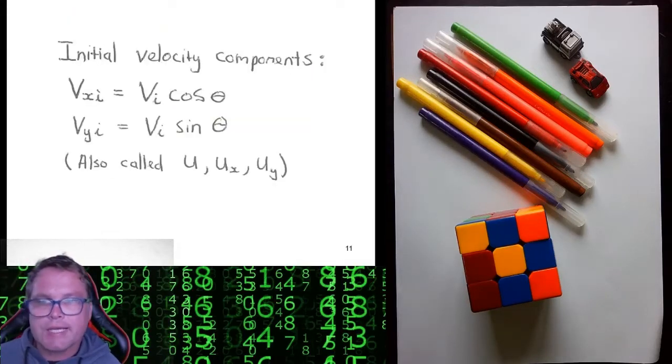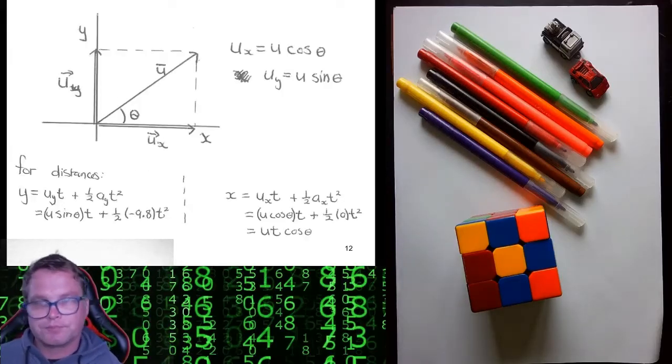For ease of notation, instead of vxi, we may just call that ux, and we may call this component uy, and we may call the initial velocity u. That would be an alternative notation. So this summarizes what we have initially.